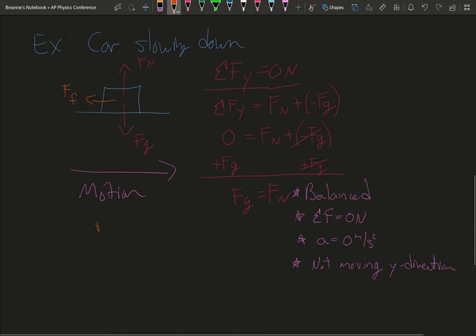So dealing with our net force in the x, it's not balanced because we only have one force. So that means our net force in the x equals a negative force of friction. So we know it's unbalanced.